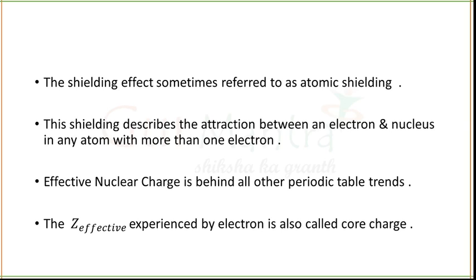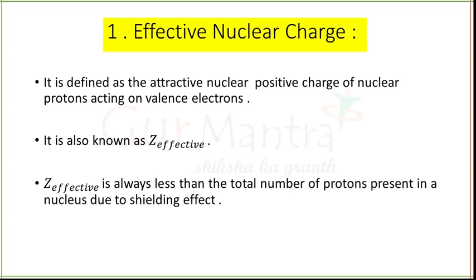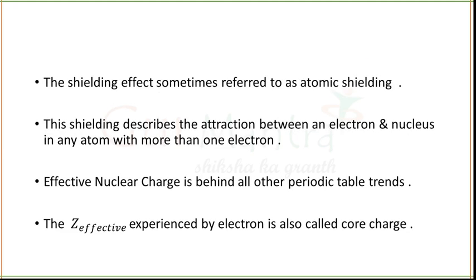This is due to the shielding effect. Z effective always comes out less due to the shielding effect, which is also known as atomic shielding or screening effect. Basically, the shielding effect is the repulsive force between electrons and the nucleus's attraction.